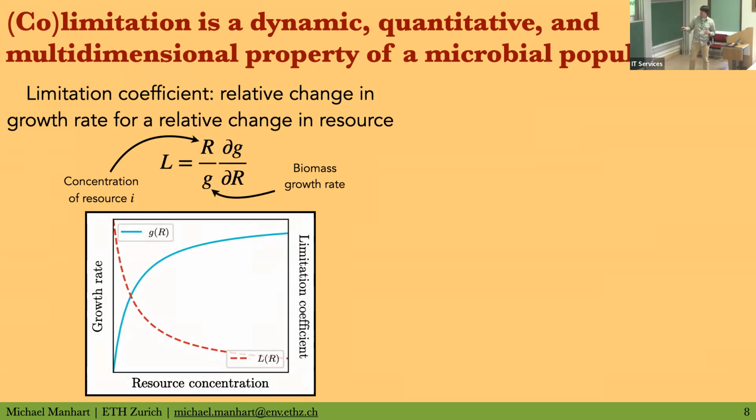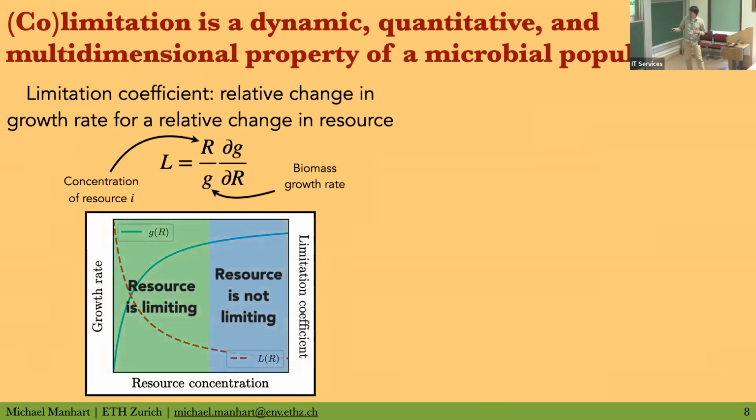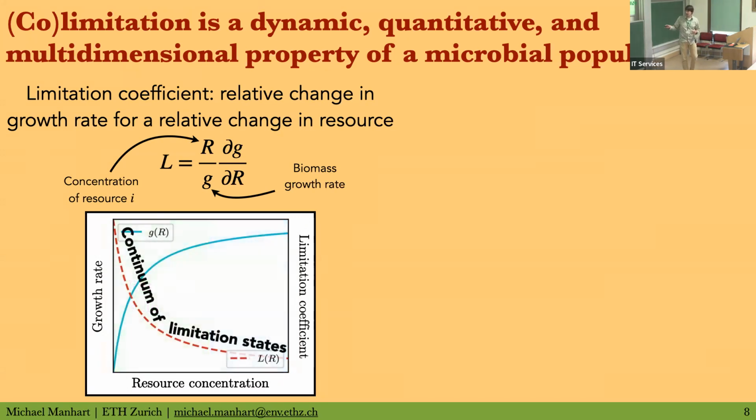And instead of having this dichotomy of limiting and not limiting, you replace this with now this continuum of limitation states that vary from 1, when you have sort of maximum limitation, all the way to 0, which is a minimum limitation, and it doesn't have any effect. But there's everything in between. So what about multiple nutrients?